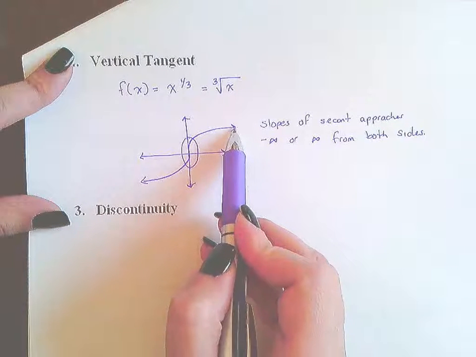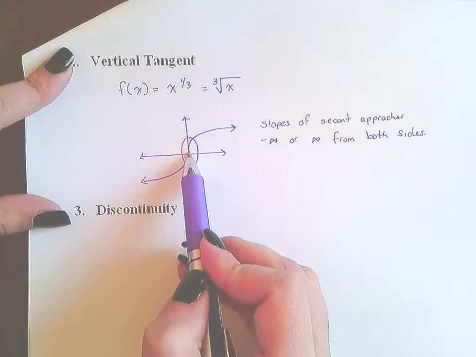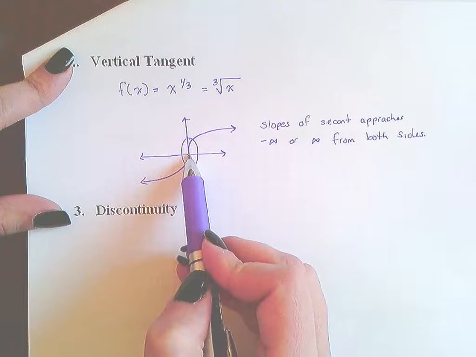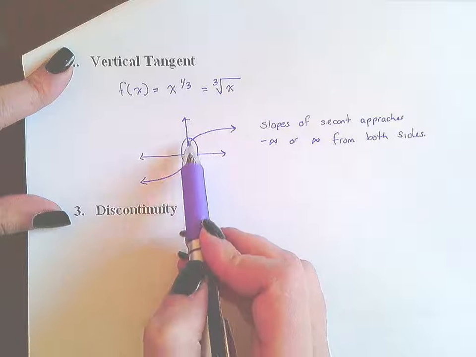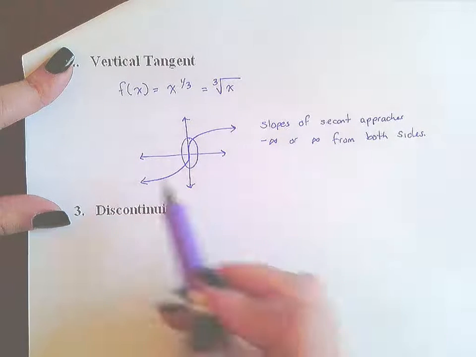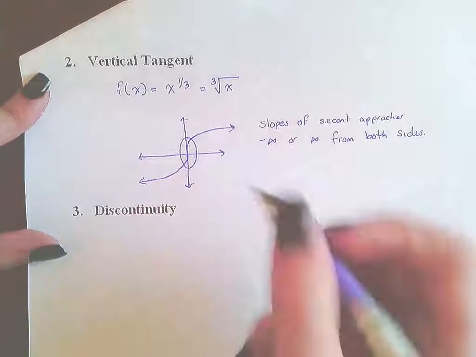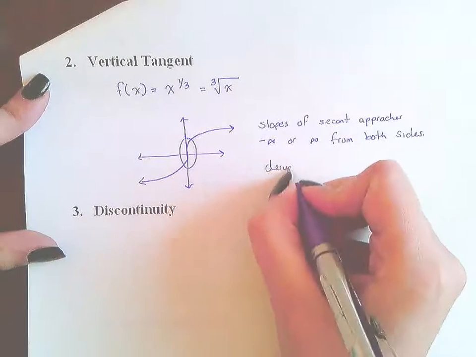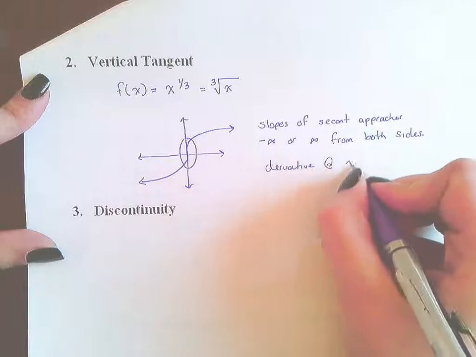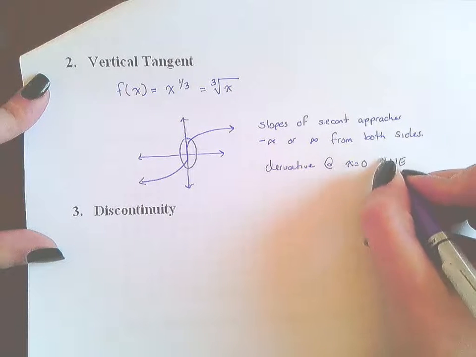So the slopes, as I get closer to this point, what happens? It's basically getting very, very close to being undefined, correct? So very, very close to either negative infinity or positive infinity. Same thing from this side. So therefore, the derivative at x equals 0 does not exist.